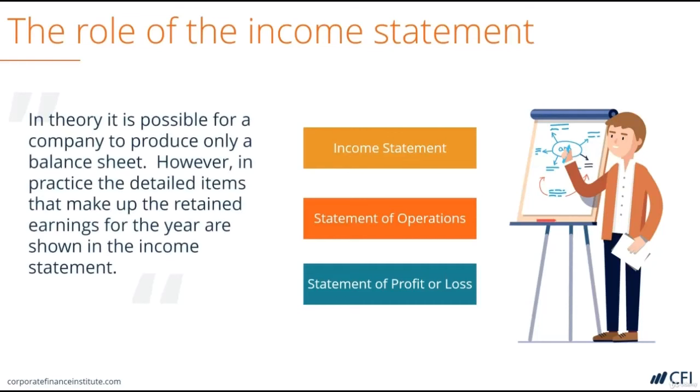While in theory it could be possible to record everything on the balance sheet under retained earnings, we realize that really it requires its own statement to keep track of all of the income, all of the expenses, and all of the resulting profits or losses.